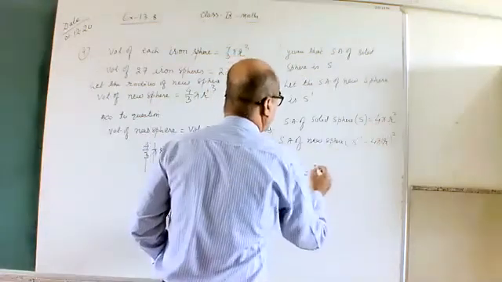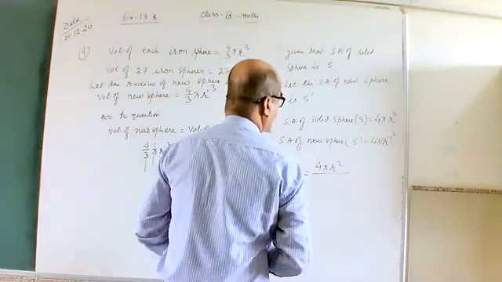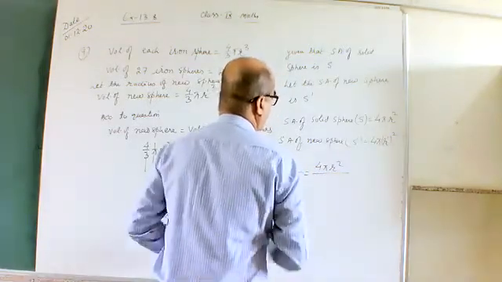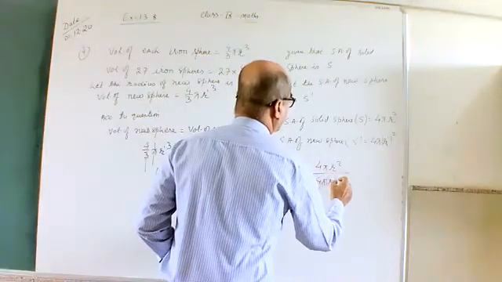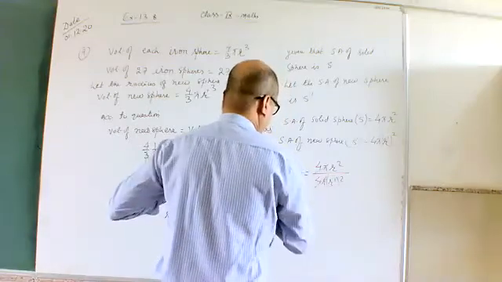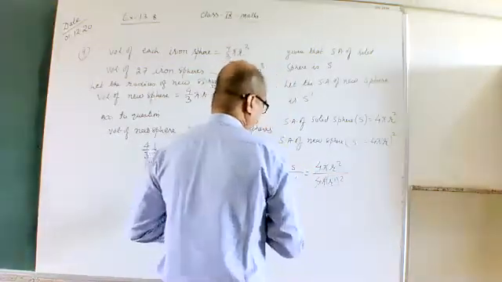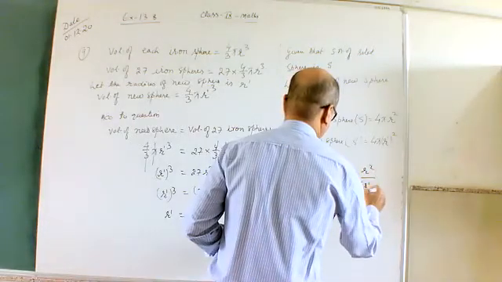S is 4 pi r square, and this is 4 pi r dash square. So 4 pi cancels. What is remaining here is r square upon r dash square.